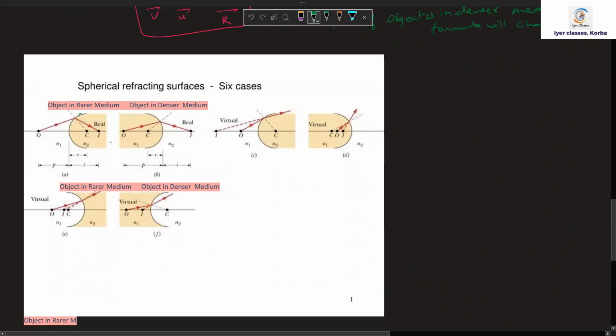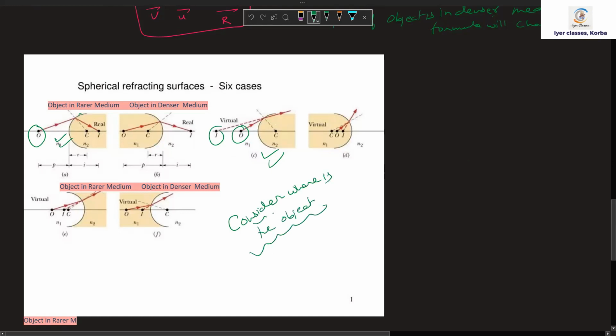The image can be formed anywhere, it doesn't matter. But look at our object in this case and that case: the object is in the rarer medium. The image in the first case is in the denser medium, in the second case it is in the rarer medium. Doesn't matter. The important thing is where my object is.